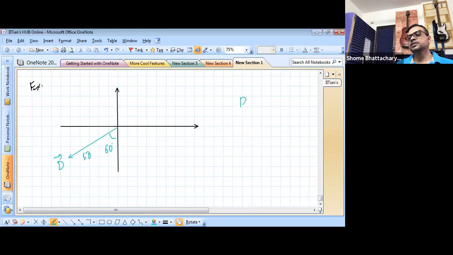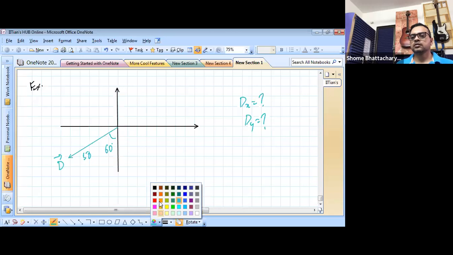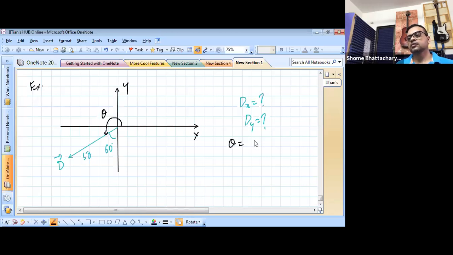So we want to express the x and y components of D. So how we do that is that we would understand that this angle theta is 210 degrees.